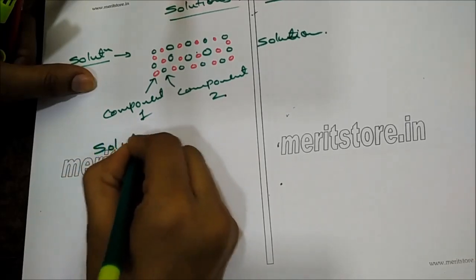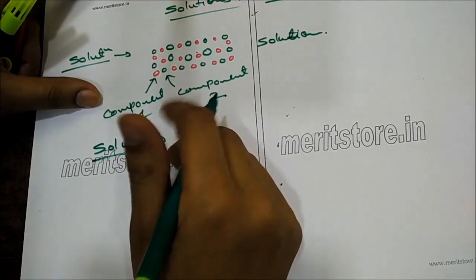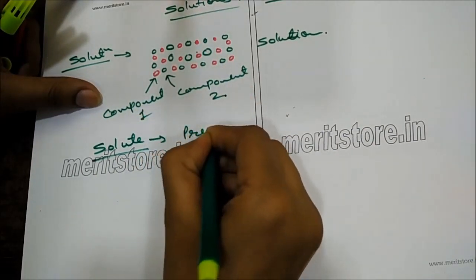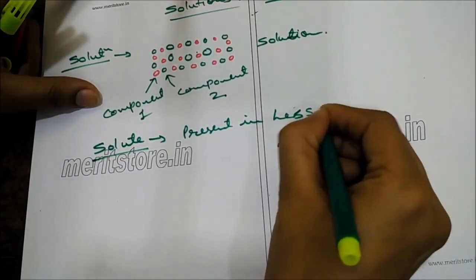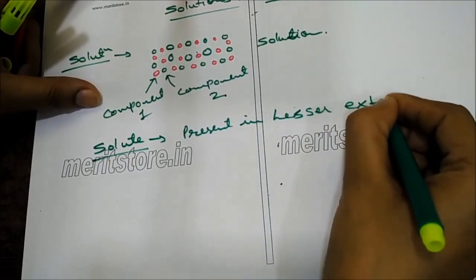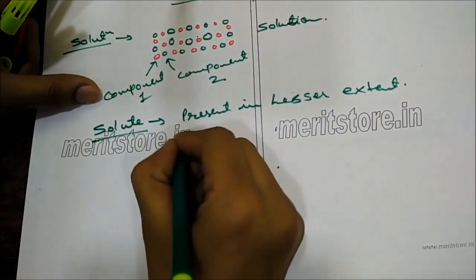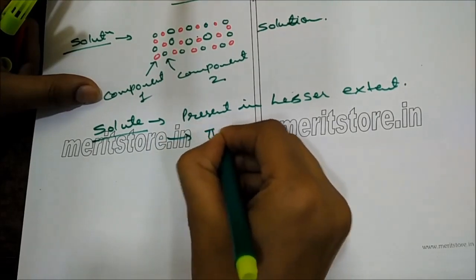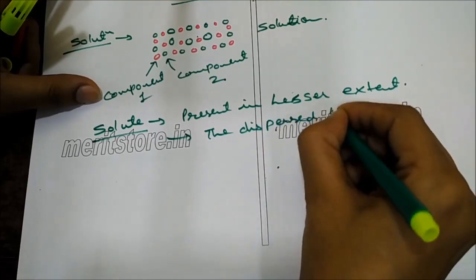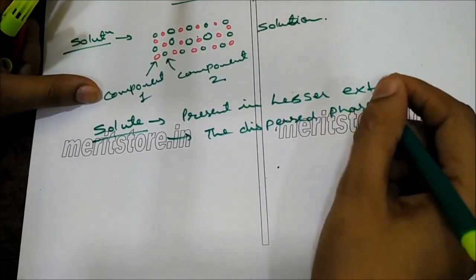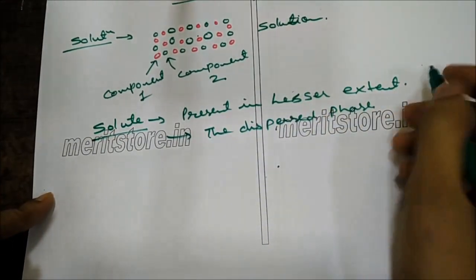We'll use the term solute for a component which is present in lesser extent, or the dispersed phase, or the substance which is to be dissolved.